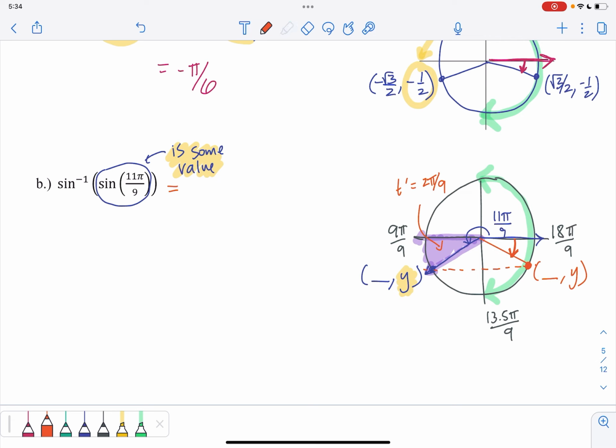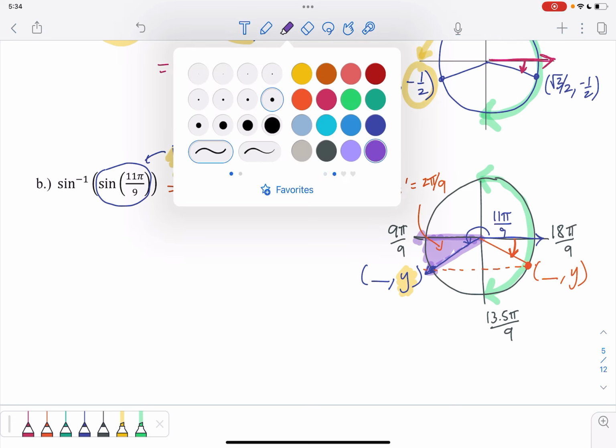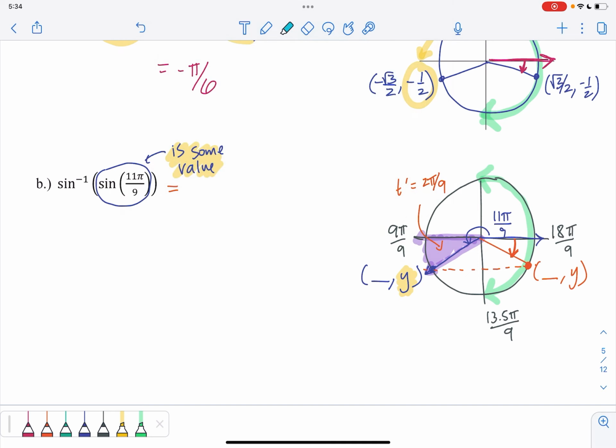Well, then the angle on the other side has to match, right, that I just drew in. This angle over here has to be that same size. But to get to it, I need to go clockwise. So I'm going to have a negative angle, and that negative angle is going to be negative 2 pi over 9.